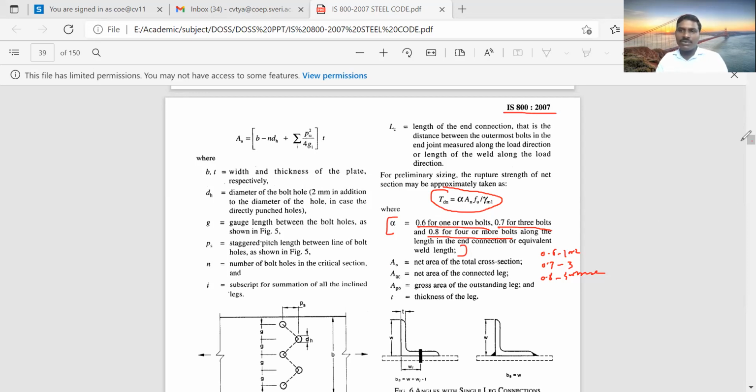In this way you have to use the IS code, then you will get all the formulas and the meaning of each and every symbol we have used. Got it?